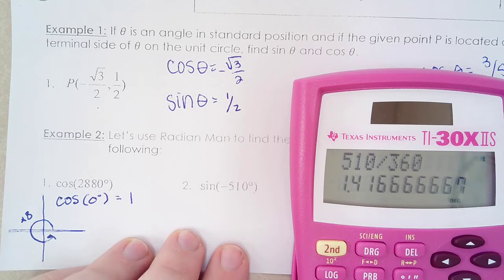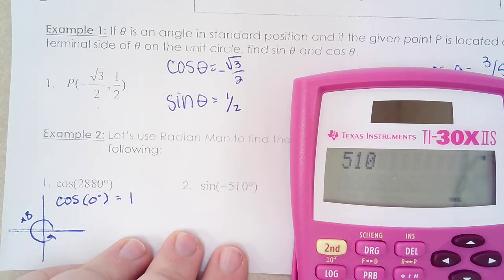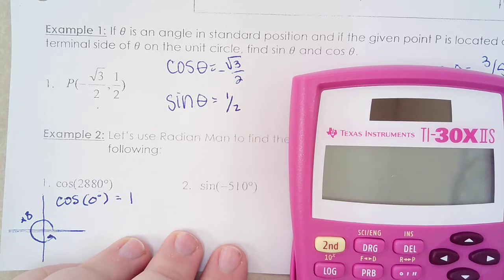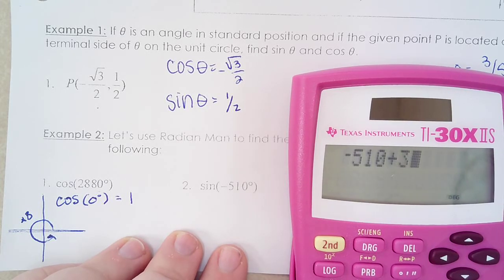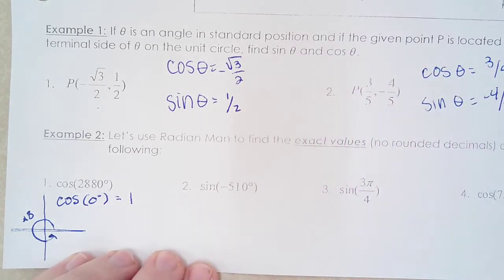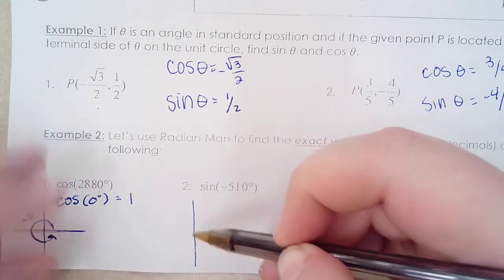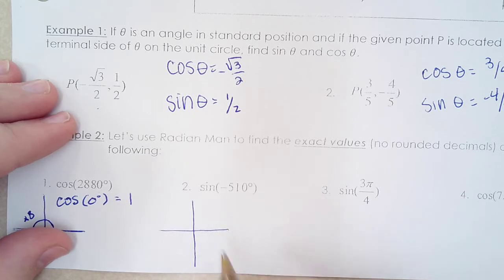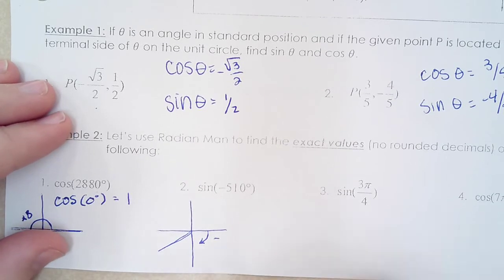That says I have 1 full lap, which means negative 510 plus 360 is negative 150. That is between 0 and 360. So when I graph that, it's going to be right about here. Again, negative means we go down first. It gives me a reference angle of 30 degrees.